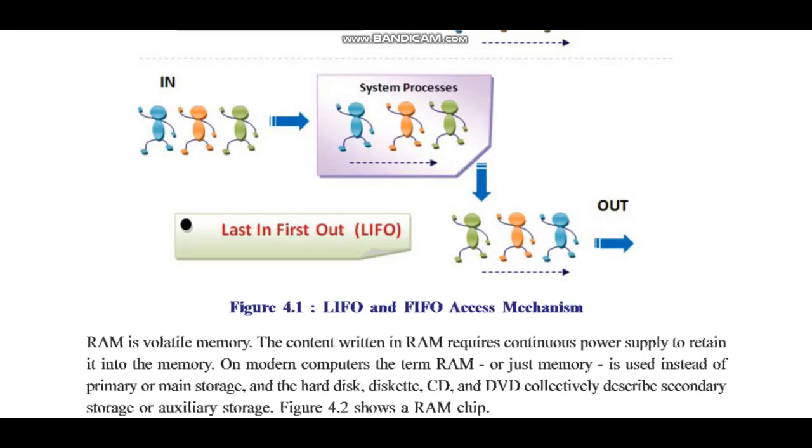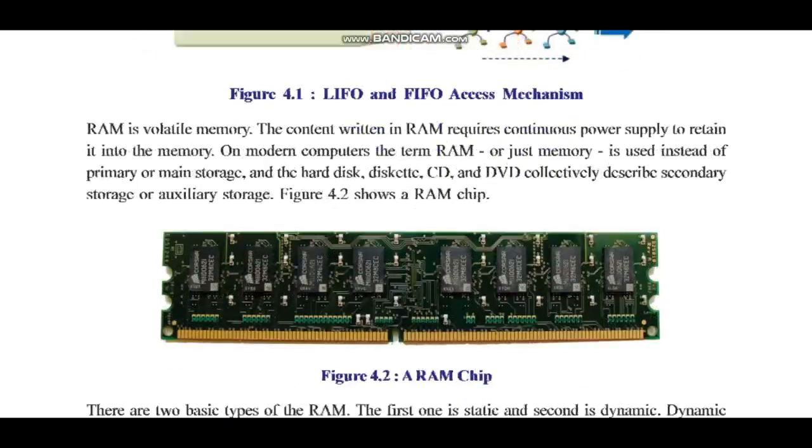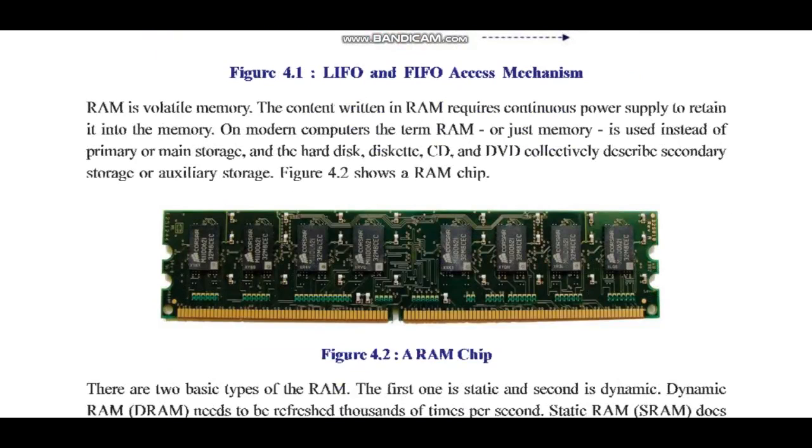Next topic is RAM. First of all, RAM stands for Random Access Memory. Here you can see the image of a RAM chip also. Description of the RAM: RAM is volatile memory and the content written in RAM requires continuous power supply to be retained in the memory.